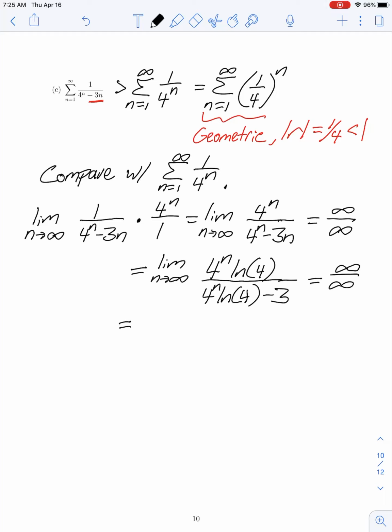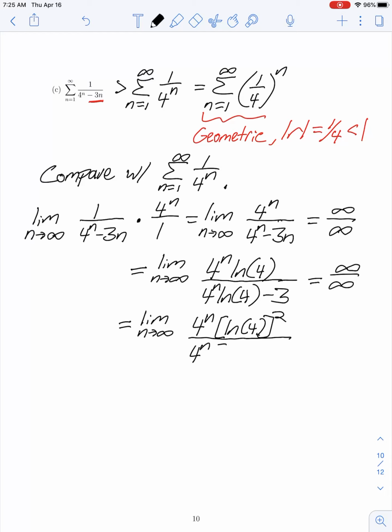So if we were to apply L'Hopital's rule again, we have the derivative of 4 to the n is 4 to the n times the natural log of 4. And then we already had a factor of log 4, so we get log 4 squared.